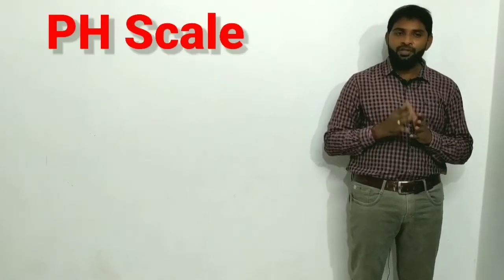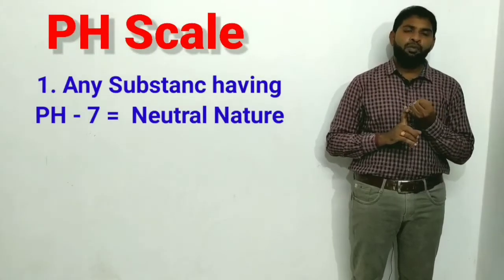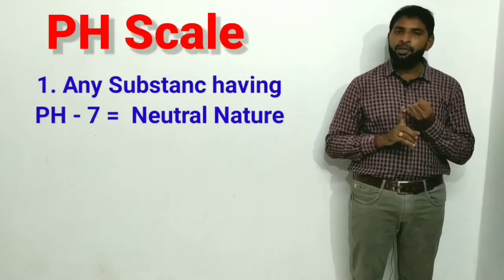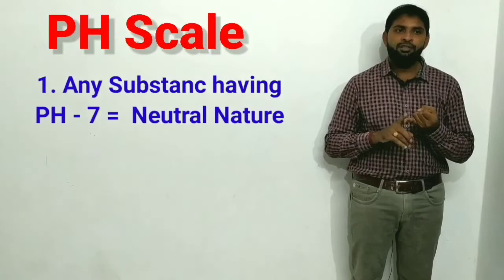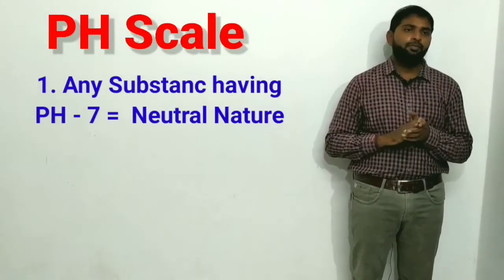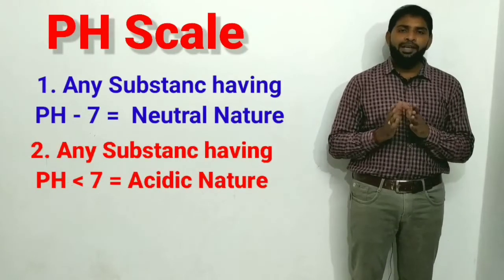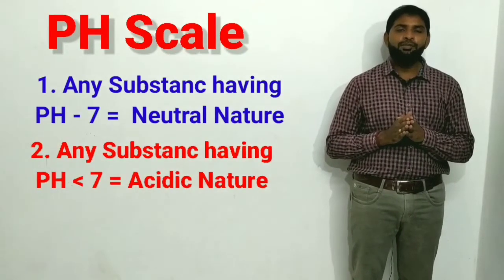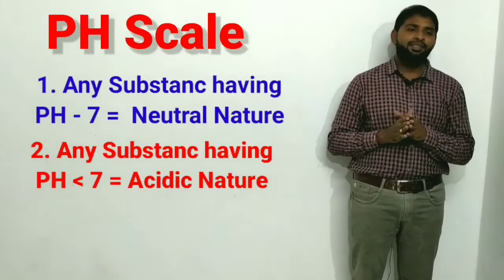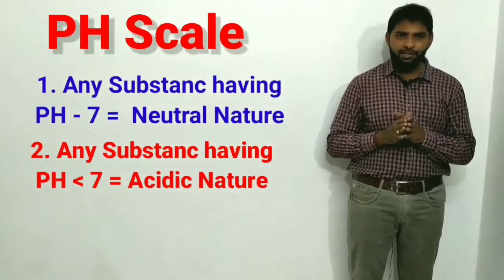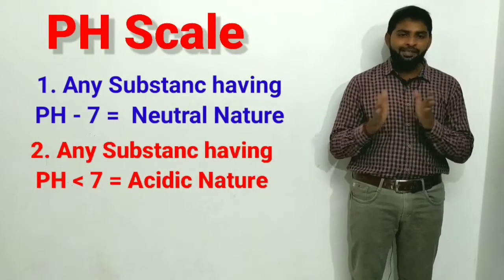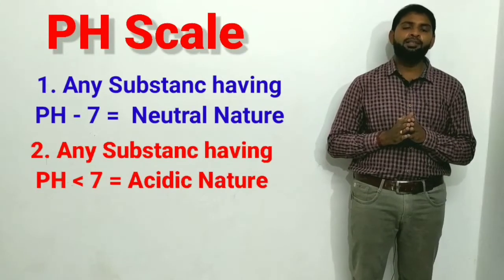Coming to the pH scale, according to the pH rules: rule number 1, if a substance has a pH value of 7, it is a neutral substance. Rule number 2, substances having a pH of less than 7 are acidic substances.